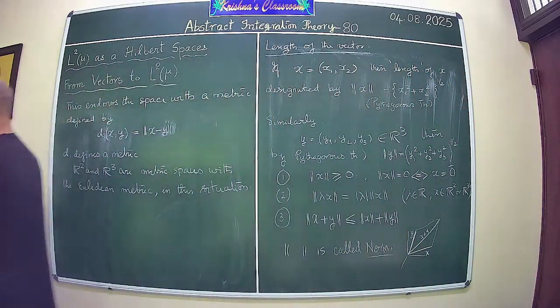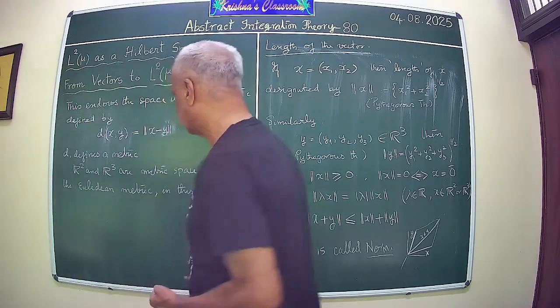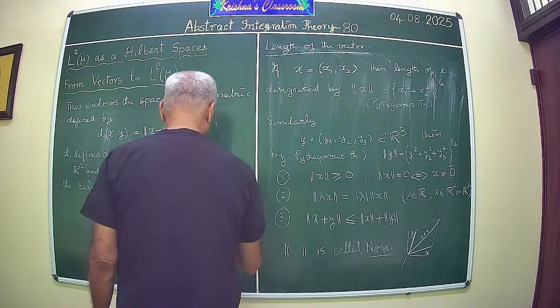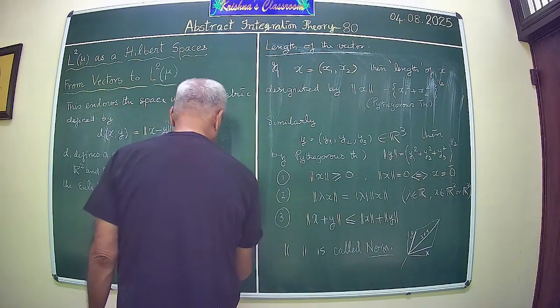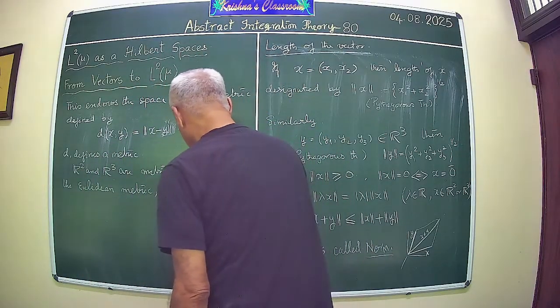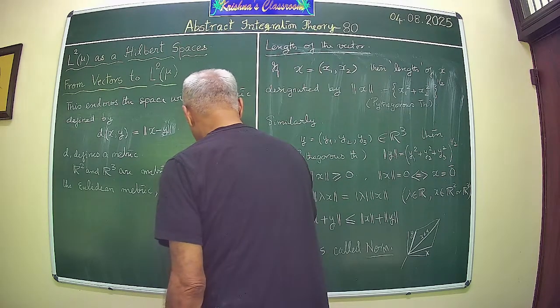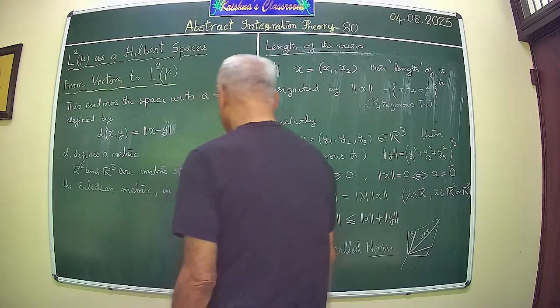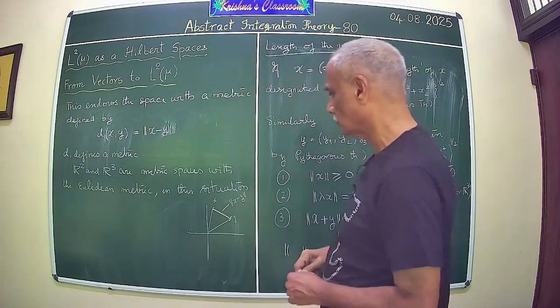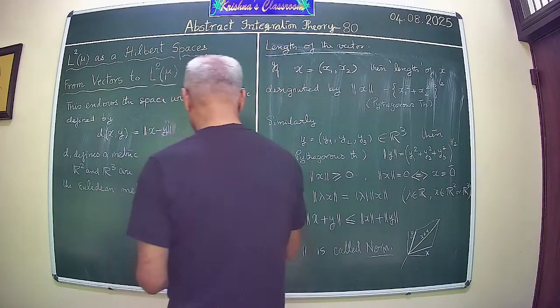The concept of distance between 2 points in space is the direct distance. You have 2 points. The distance is actually this length. Okay. So this is the vector x minus y.